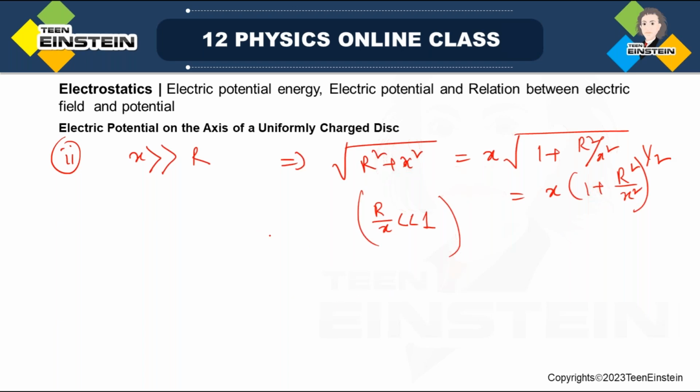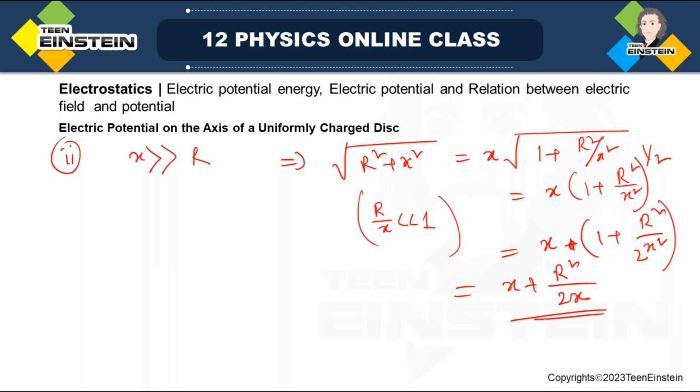Up to first term approximation, we can write x into 1 plus nx, where n means r square by x square, here 2 will be there. So this is up to first term; other terms will be further lower. That's why this is x plus r square by 2x.